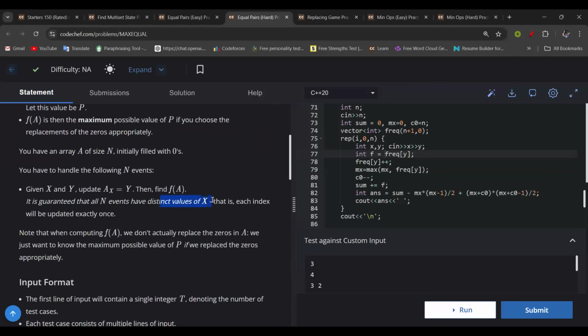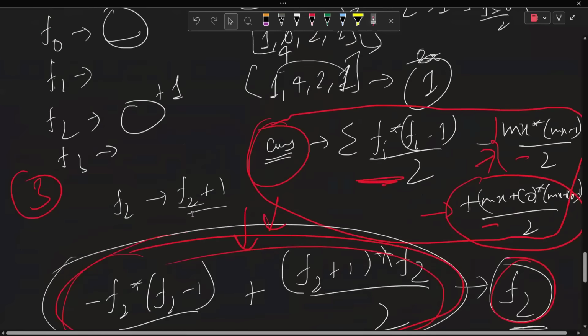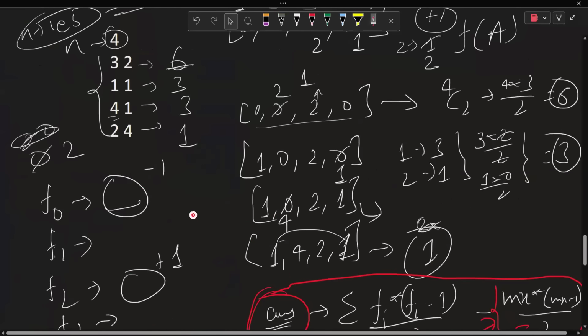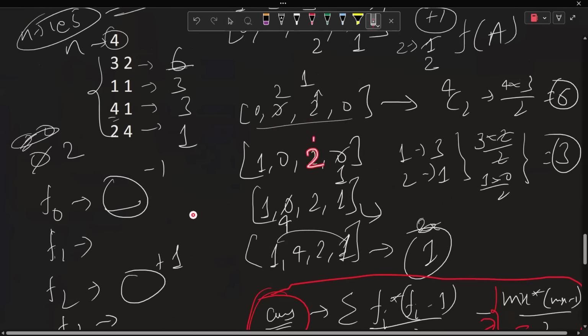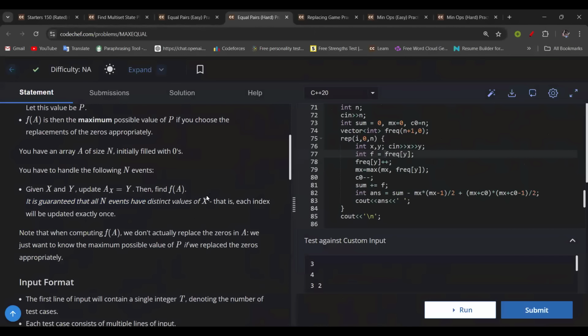So basically all the distinct indices would occur only one time. So there would be a replacement of 0 by some value. It would not happen that, if your array is like this, you have already replaced the 0 by 2, again you would get this index again and replace this 2 by 3. That would never happen because x is unique. You are given distinct values of x. So all the indexes are unique. Every index would be replaced only one time. So I am sure I am replacing a 0 by some value.